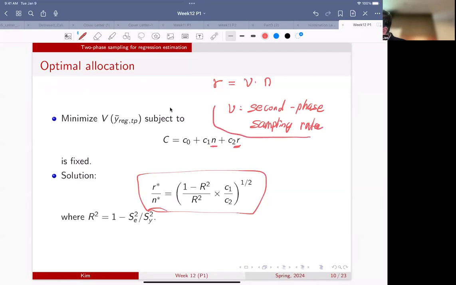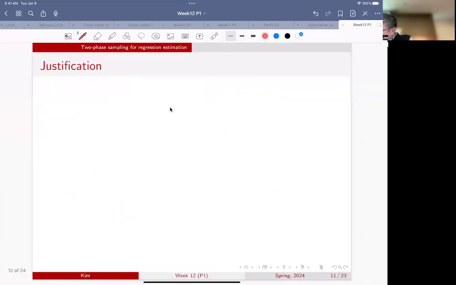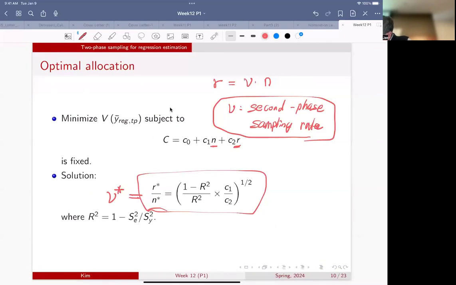So let's first find the optimal sampling rate given n. And once you know that, that means what? You can actually, so this is step one. Second step is C is given.